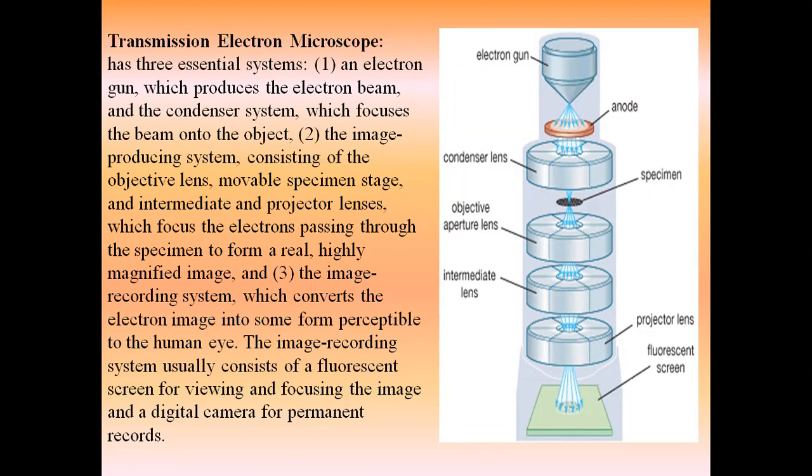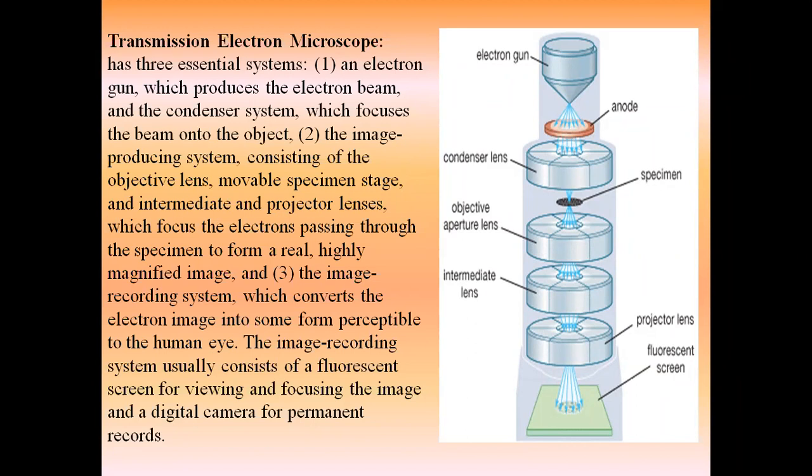Then just below the anode we have the condenser lens. The condenser lens is not like the conventional lens we use in the light microscope, where the lens is generally made up of a glass material.